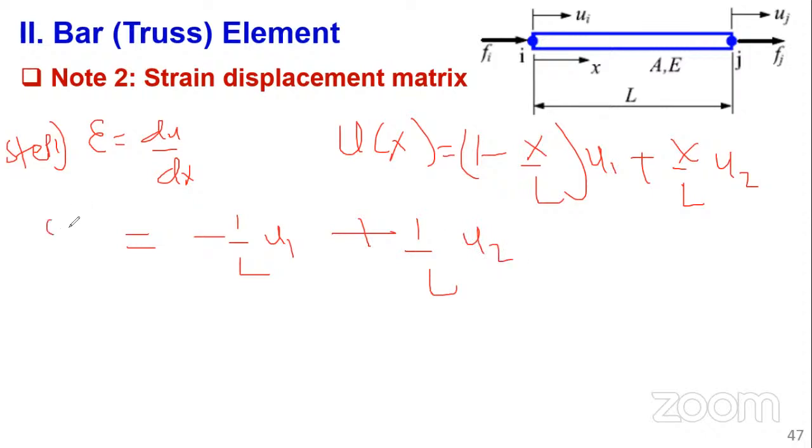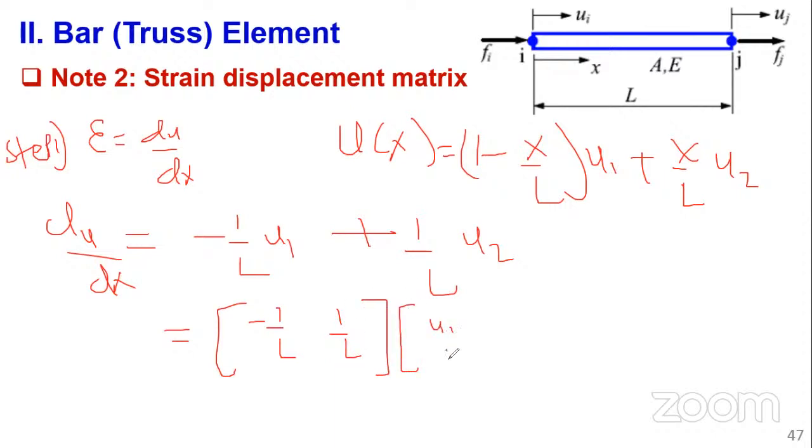This is the same as du over dx, which is our strain. So we can write this in matrix form as [minus 1 over L, 1 over L] times [u1, u2].